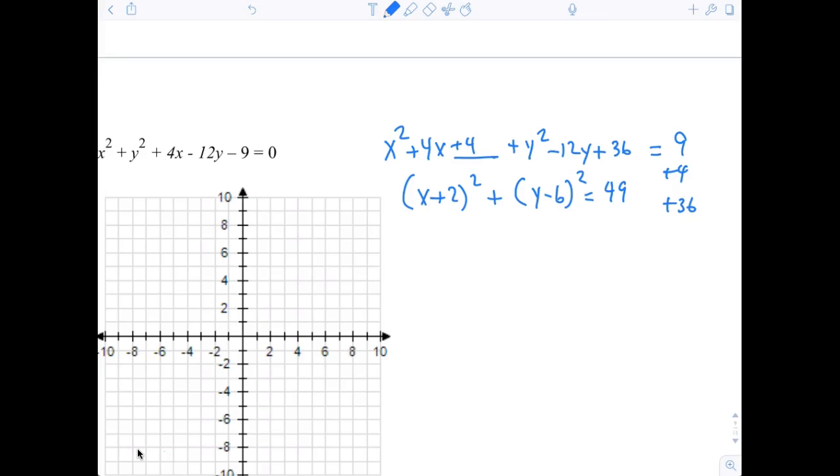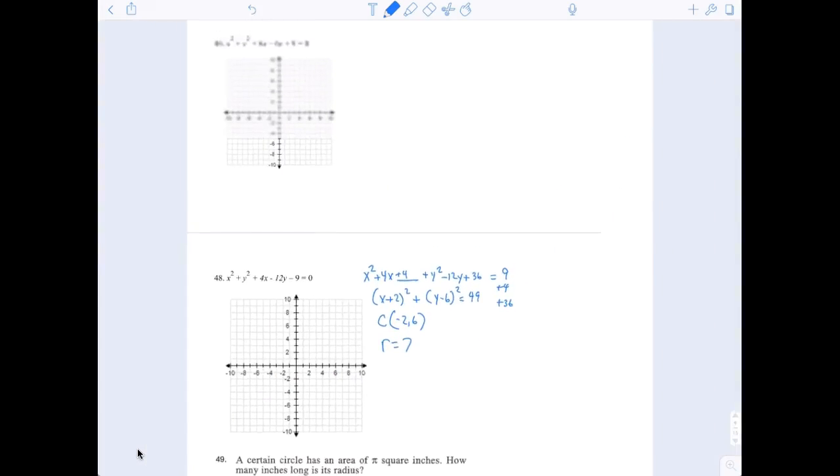Okay, that's on the test for sure, guys. You have to convert from standard to center form. All right, so now the center you should be able to tell me is what? And the radius is beautiful, guys. You have to know how to do that. It's a big part of the SAT, believe it.